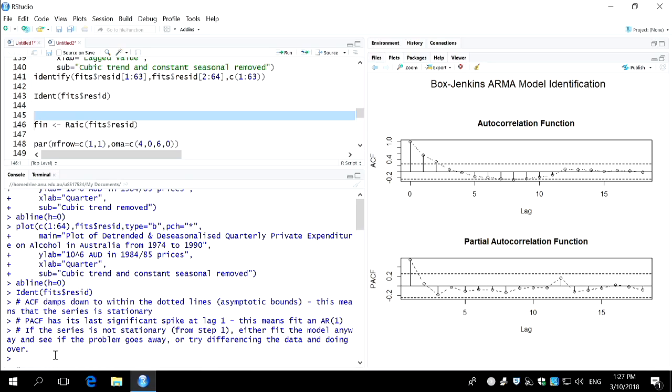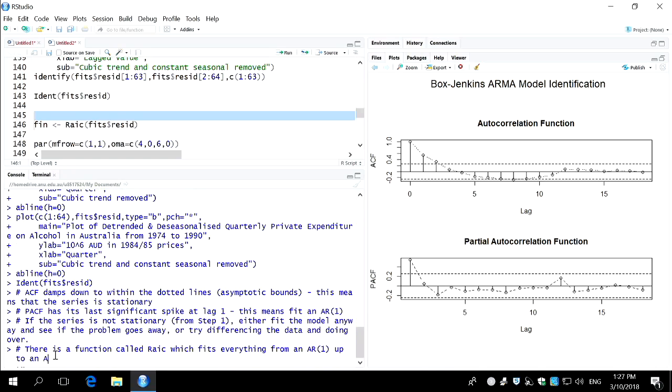All right, now how do you fit these models? Okay, here's the good news. There is a function in the class data which fits all the models between an AR1 and an AR10. Okay? So there is a function called capital R AIC, which fits everything from an AR1 up to an AR10, and then you just pick out the one you want.